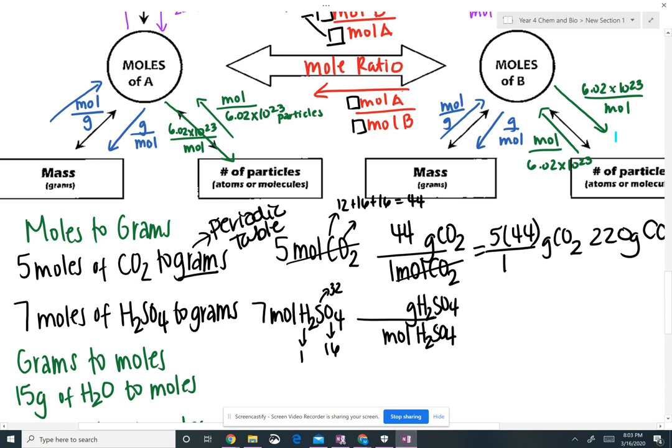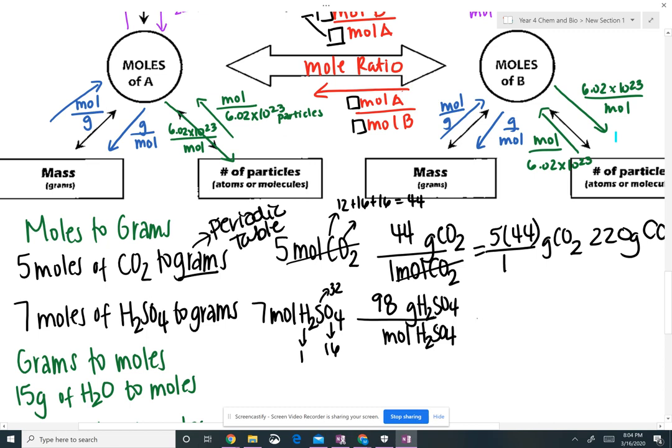So in order to break that down, I have 2 plus 32 plus 16 times 4, right, because I have 4 oxygens. I am going to add those things up. So 16 times 4 is 64, plus 34, which is going to be 98 grams of H2SO4, right?